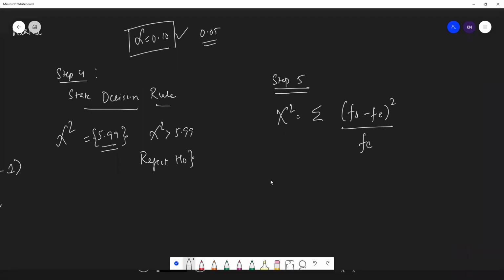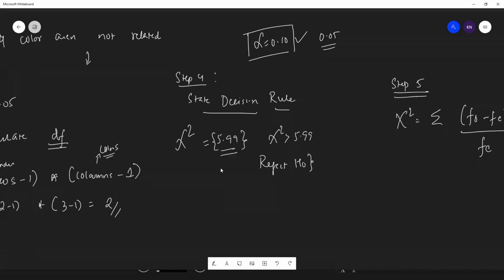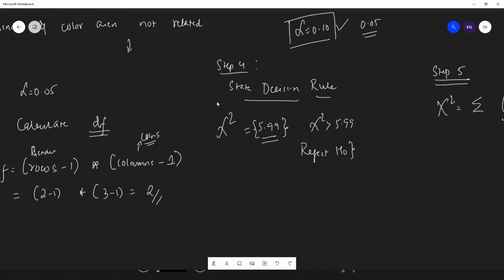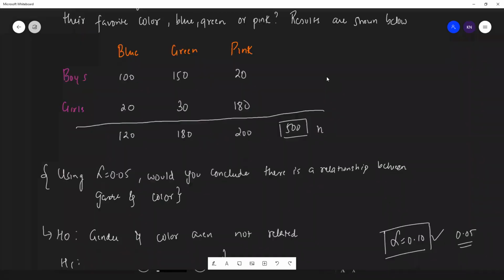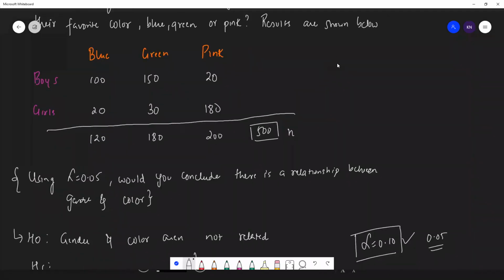Now, guys, the problem is, how do we calculate f expected? Because we don't have the data like we had in the previous case. So how do we calculate it? Understand, f expected will be calculated by this formula: f of columns times f of rows divided by small n.